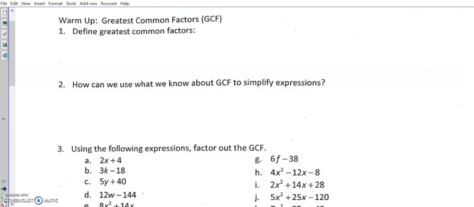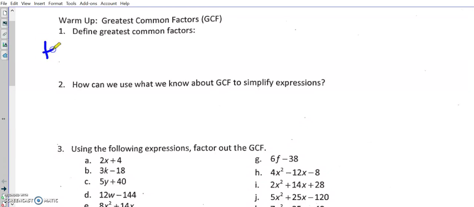So when we talk about a greatest common factor, we can call that the largest positive integer that divides into another integer evenly, okay? So let's go ahead and write a definition.